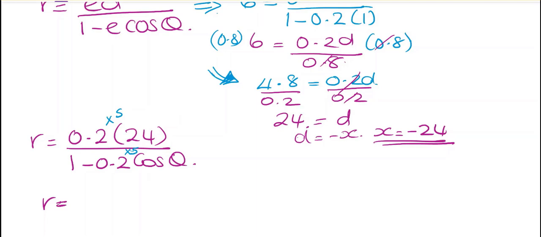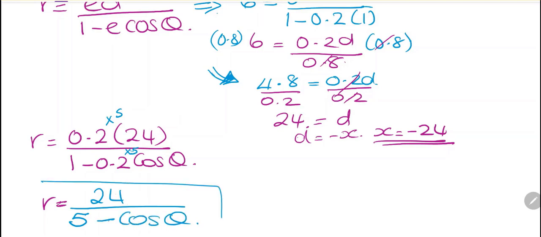So that's multiplying everything on the top and everything on the bottom. So I'll have 0.2 times 5 will be 1, so on the top I'll just have 24. 5 times 1 is 5. 5 times minus 0.2 is minus 1. So that's just going to be minus cosine of theta. And this is our final answer.